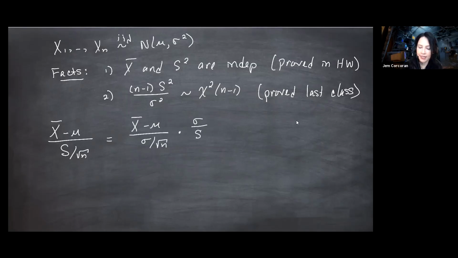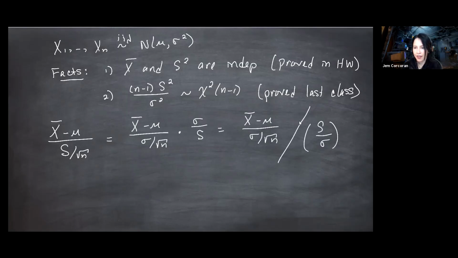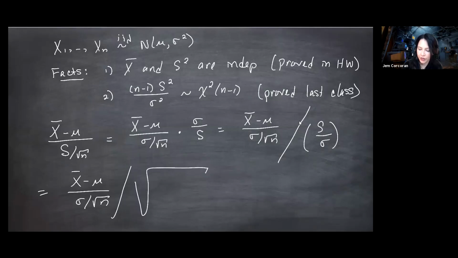That guarantees that I have the same thing. So I can write this, I'm probably using way too many steps for you guys. I can put this whole thing over s over sigma, and I can certainly put it over the square root of s squared over sigma squared. I'm going to leave some more space so I don't write every single line of this.